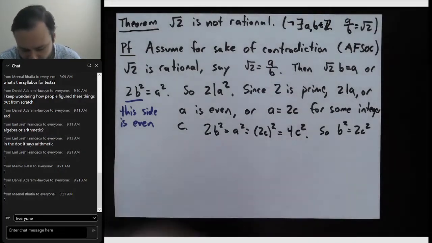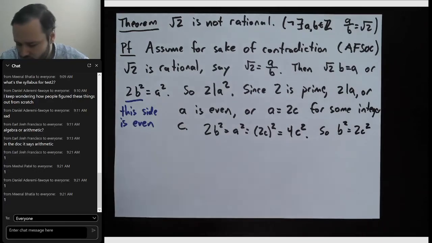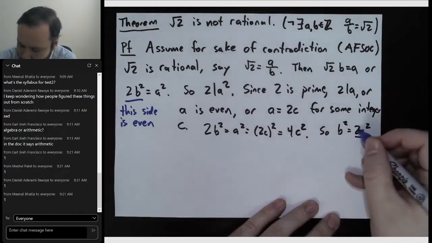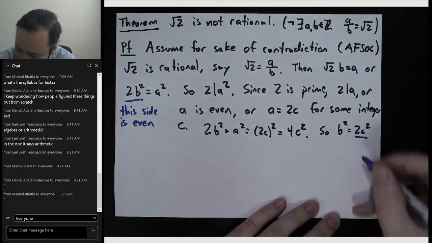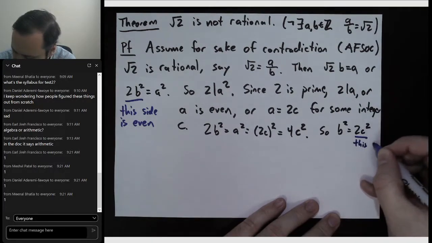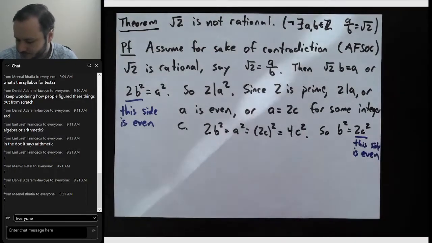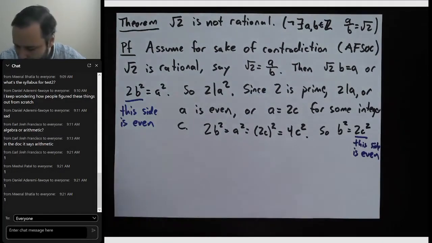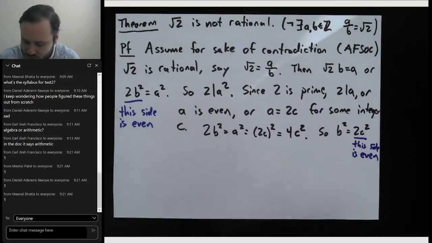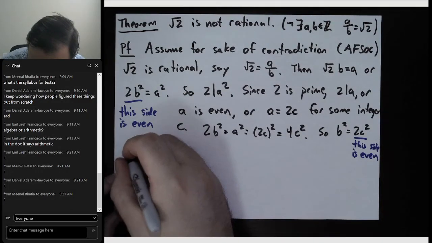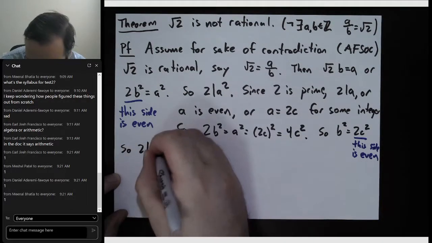Same rationale as before. This side is even, a multiple of 2. I can see it, it's right there. So that must mean that this side is also even. 2 divides b squared.